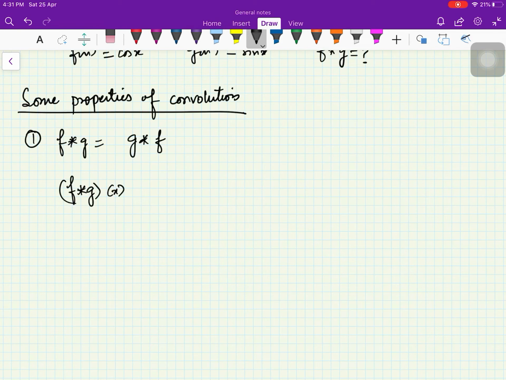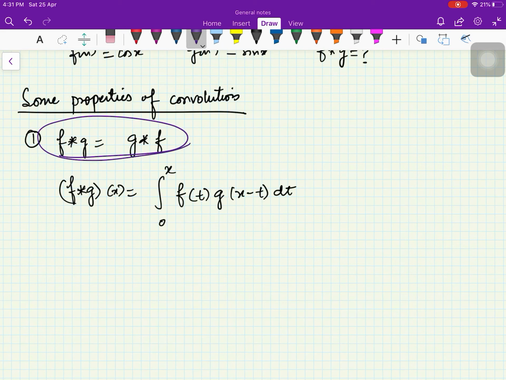So you have f star g of x is the integral from 0 to x of f of t g of (x minus t) dt, right? Now I want to prove it, and this property means that it doesn't matter which function you are writing in the first place and which in the second place. This is the commutative property and this is very important, right?